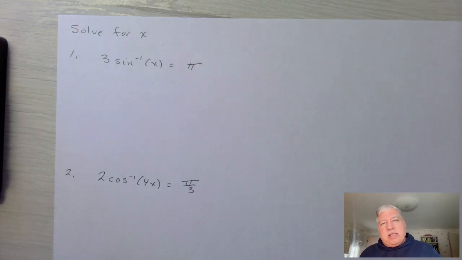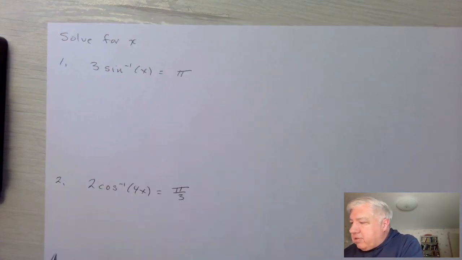Okay, that's kind of what we're doing here. If we can isolate the inverse cosine of something, or the inverse sine of something, or inverse tangent equals some number, then we're one step closer.